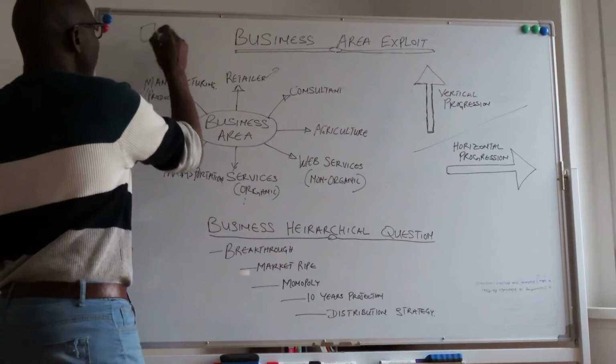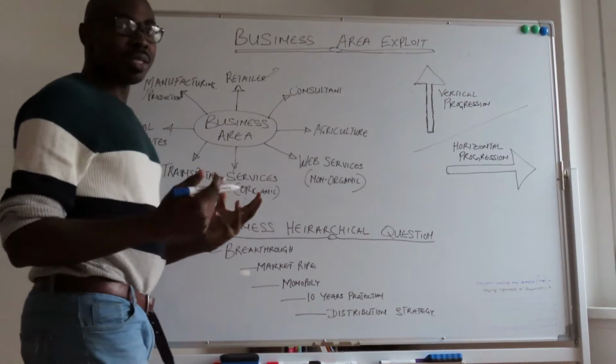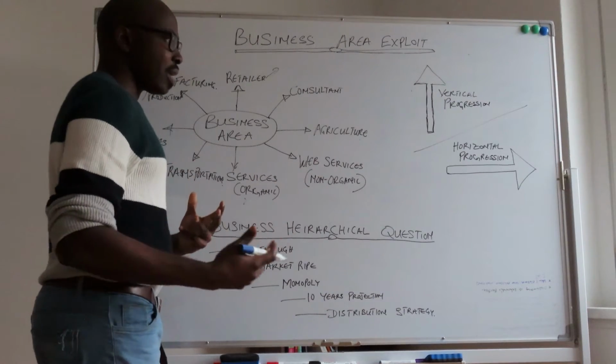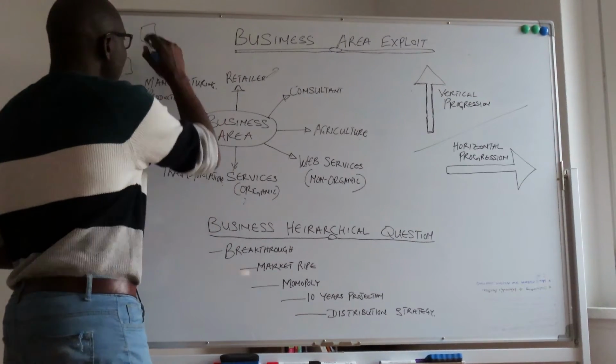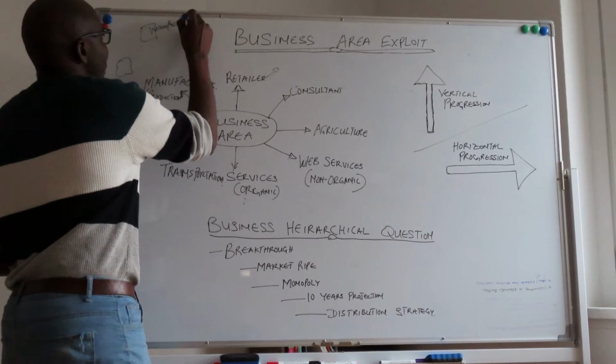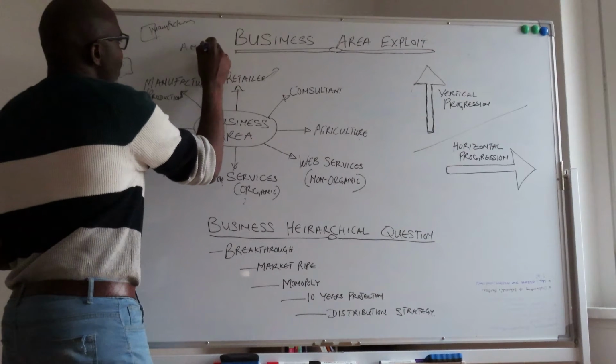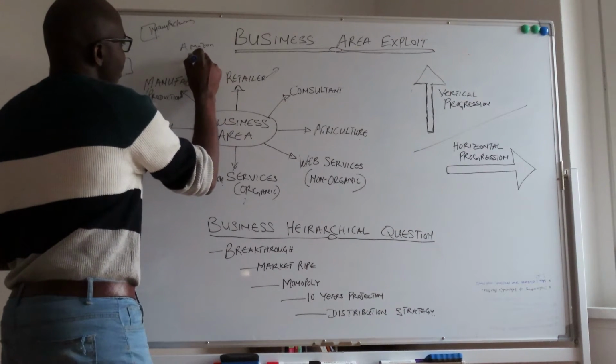Let's assume this is a manufacturing company. And here you want to start up a business, you have a little IT tech business, and here is a manufacturing company, and here is Amazon, or perhaps here is eBay.